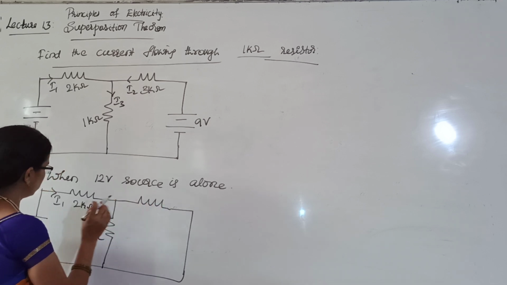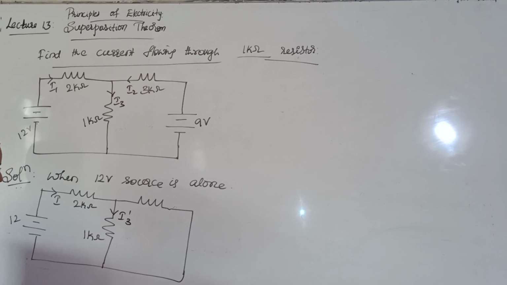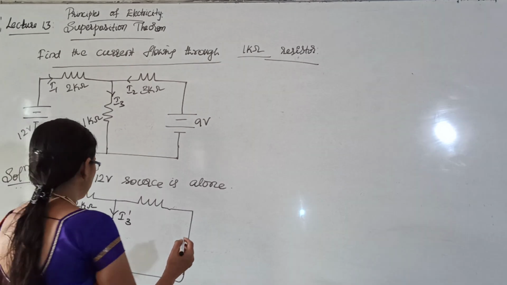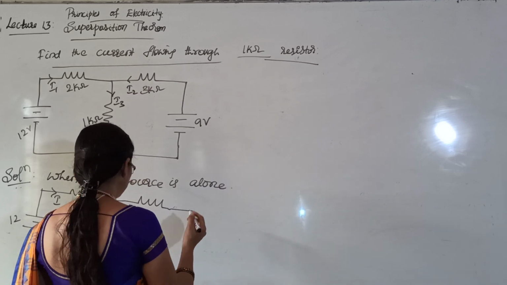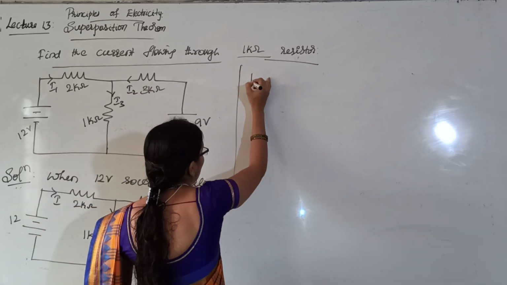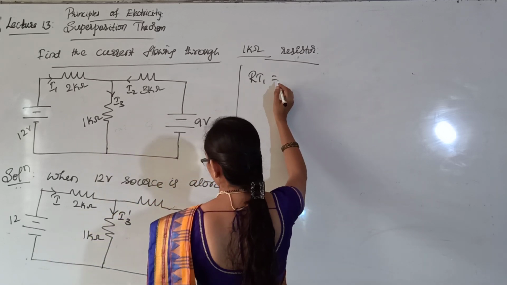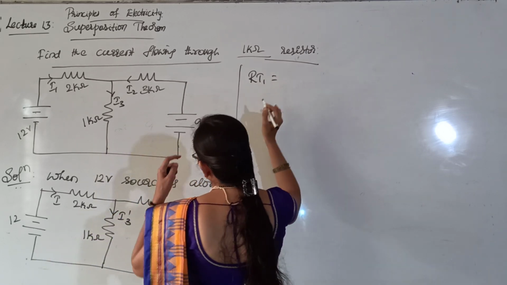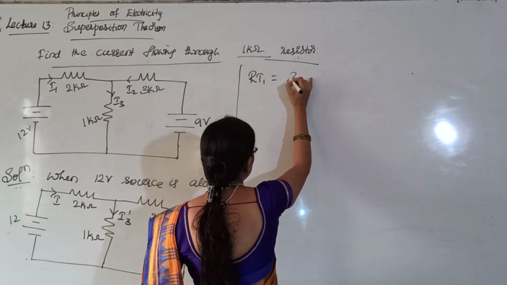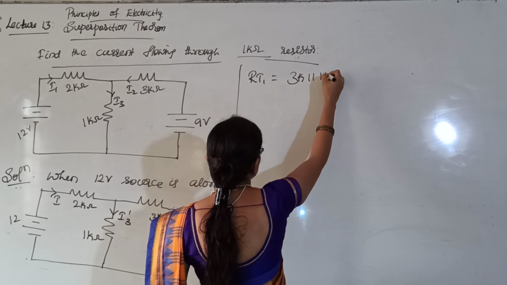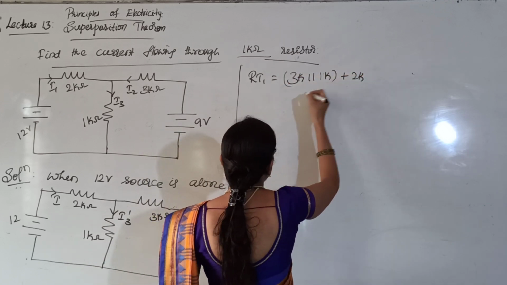In this picture I will consider this as I, this as I3 dash. So considering this circuit, first we will find out RT1, that is equal to 3 kilo ohm parallel to 1 kilo plus 2 kilo.